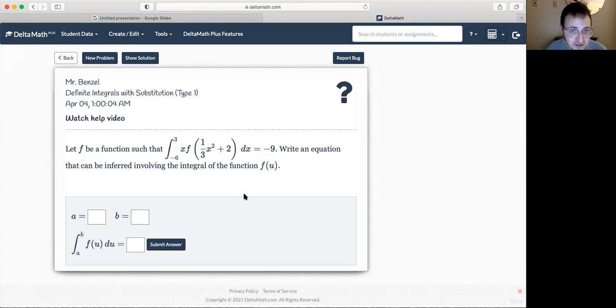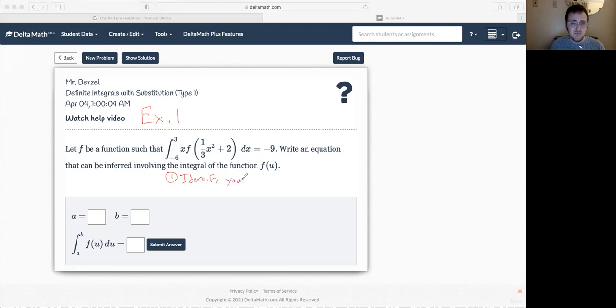So let's get started. The first thing you want to do on example 1 is identify your u and your du.